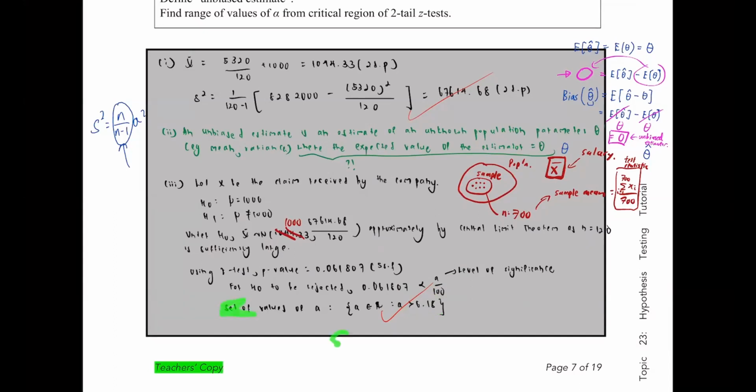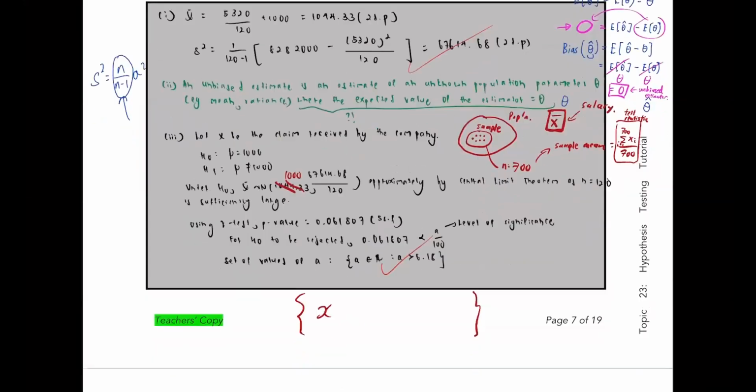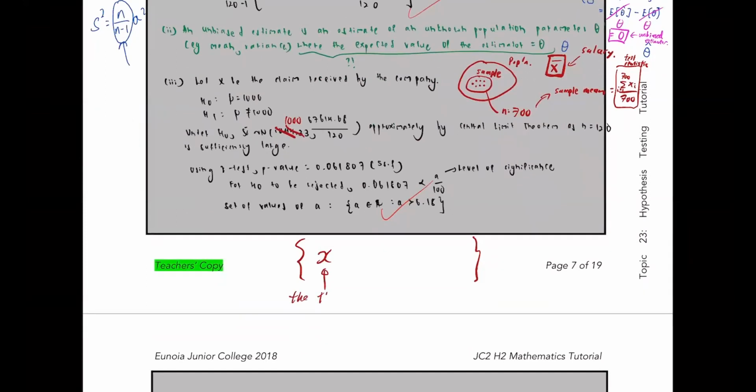Set of values means you need to have set notation. You want a set notation, then you want the variable that is inside the set, the element inside the set. And it has to be an element of something. This is what we call the universal set. Here you choose R, meaning the set of all real numbers. If you choose Z, what does it mean? X an element of Z means X must be what kind of numbers?